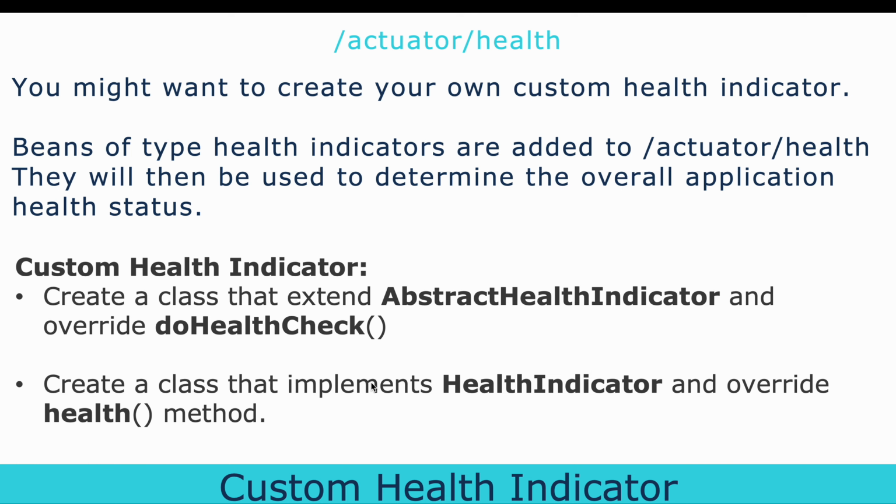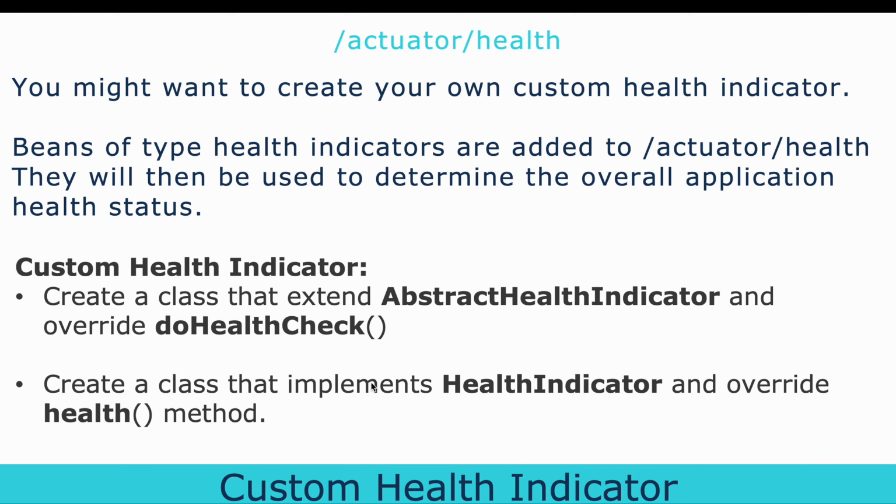So if you want to create your own custom health indicator, you will have to create a class that extends AbstractHealthIndicator and override a method doHealthCheck, or you can create a class that implements HealthIndicator and override a method health.